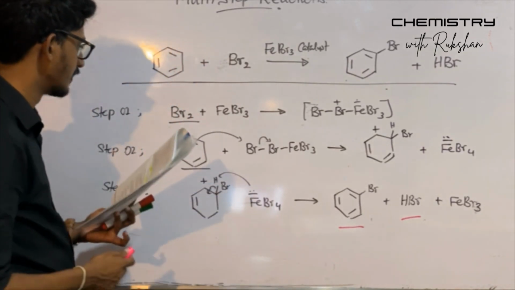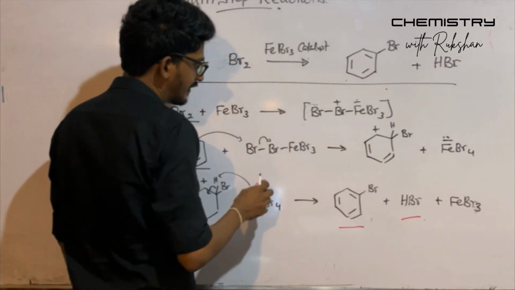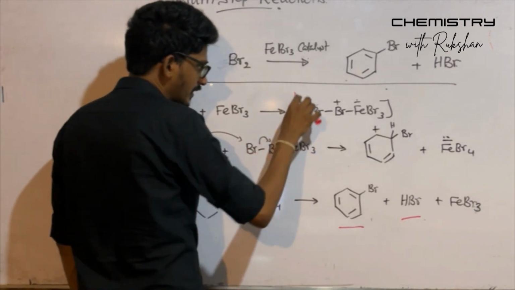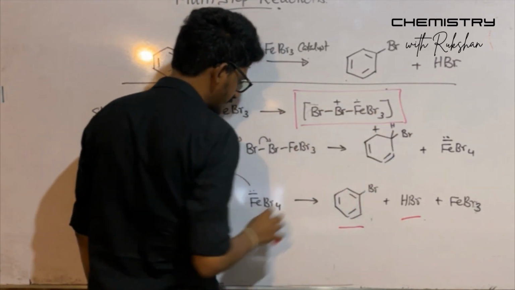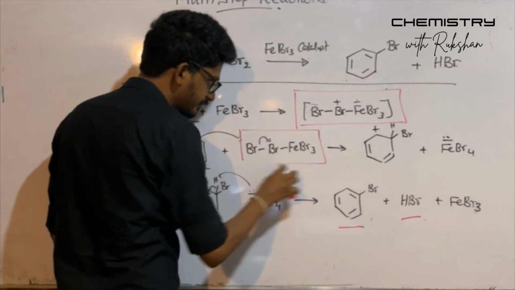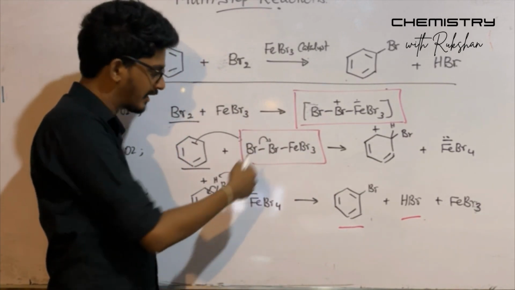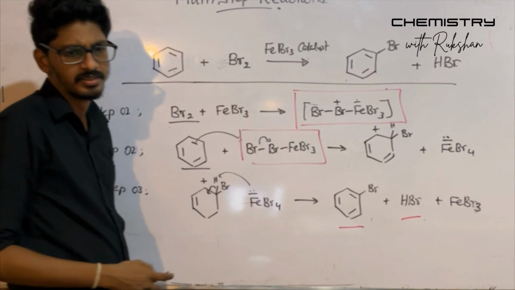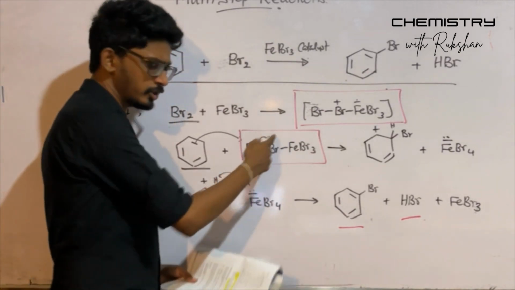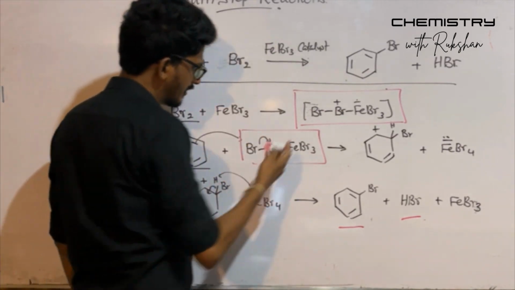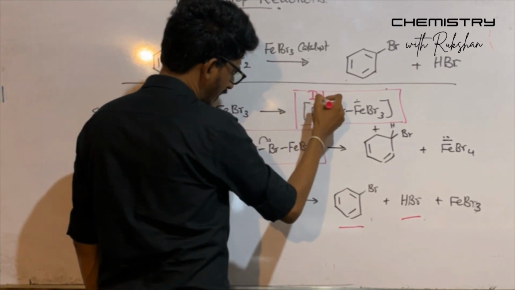Here you clearly see this one, this guy. This guy is a kind of intermediate. It is formed at a prior step and at a later step it is totally consumed. This is an intermediate.